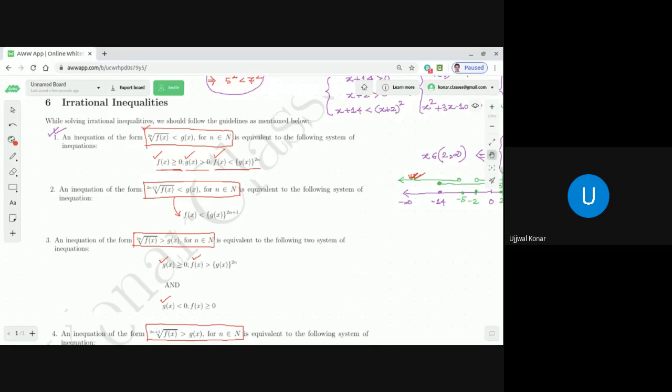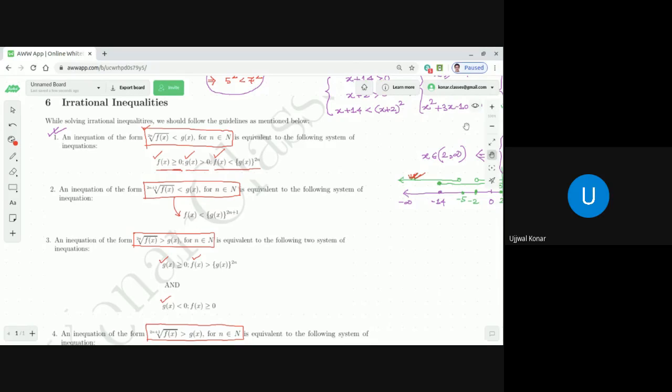First and foremost, whatever is inside, both the functions fx and gx, has to be non-negative. That is the first important point, and a very important guideline.